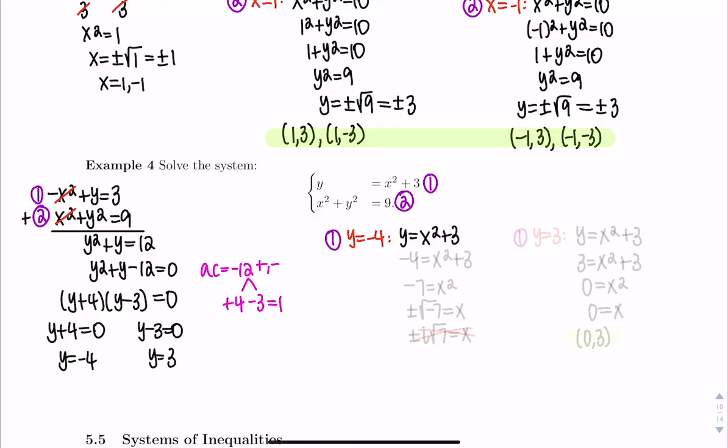So we get negative 4 equals x squared plus 3, or we get negative 7 equals x squared.